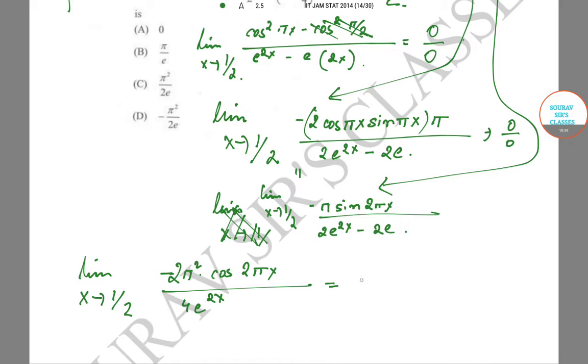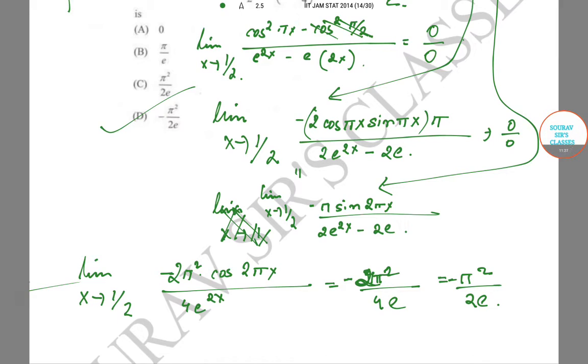So this is no longer in 0 by 0 form, rather this gives us a minus 2 pi square above and a 4e below, which is minus pi square by 2e, and the correct answer is D, minus pi square by 2e.